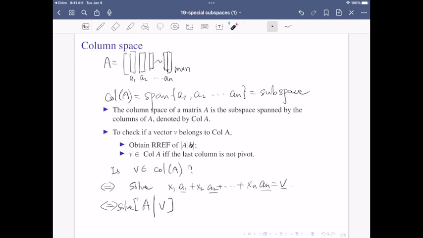Then if there is a solution, or this is consistent, we can say yes, v belongs to Col A. The condition for the consistency of this linear system is that the last column has no pivot.